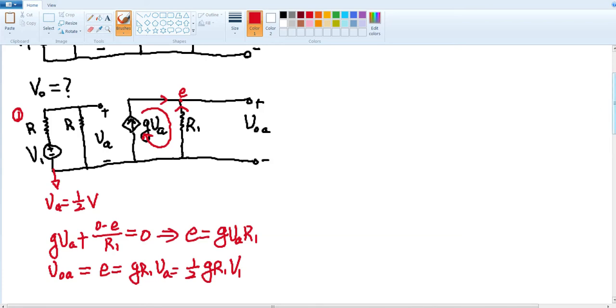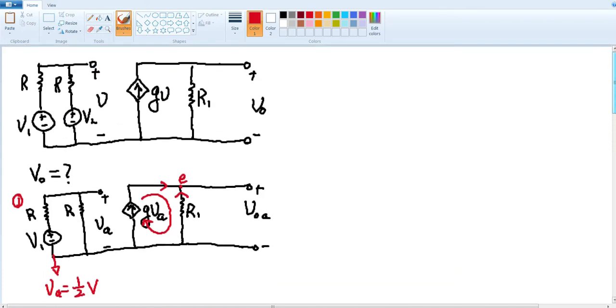Next, let's consider the case when we turn off V1 and only keep V2. Now let's draw the equivalent circuit when V1 is turned off. So the equivalent circuit is like this.